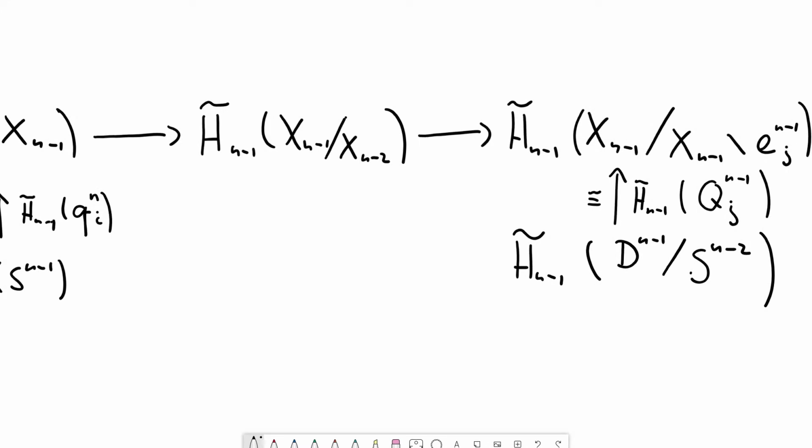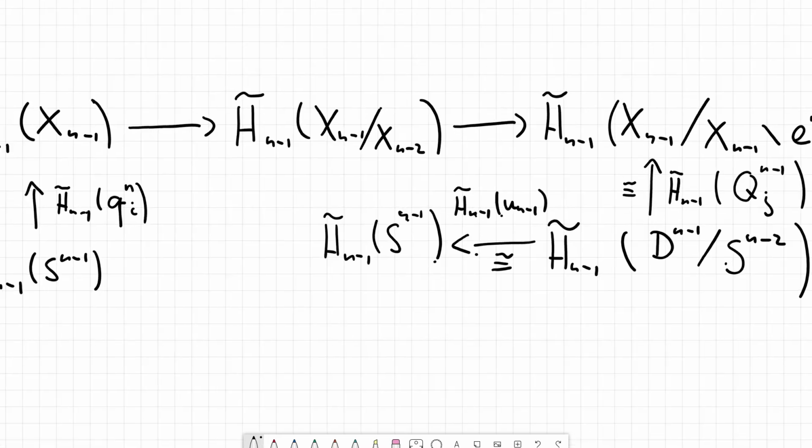And now I have the arrow induced by this homeomorphism, so I write here H̃_{n-1} of the characteristic map. And that gives me another isomorphism now going to the (n-1)st reduced homology of the (n-1) sphere.